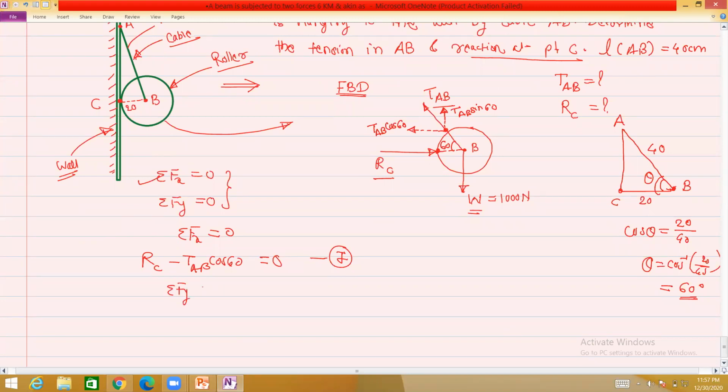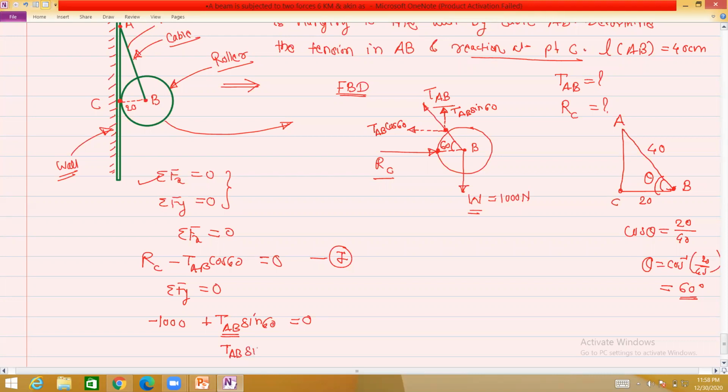Now refer to this summation Fy. So for the summation Fy, this W acting in the downward direction, so it is minus 1000, then plus tension AB sin 60, it is equal to 0. So from the second equation, we can directly find out the value of tension AB.